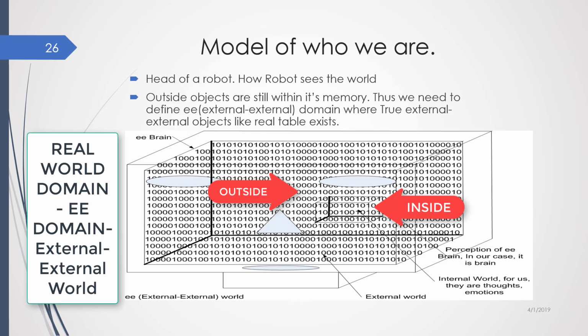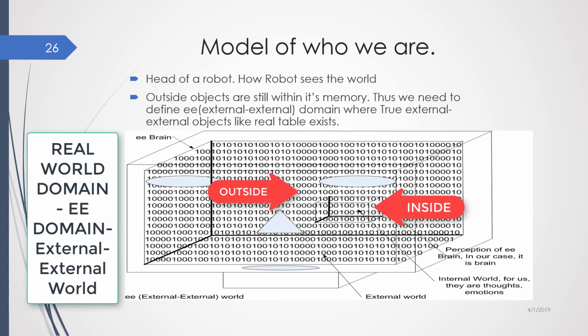The whole world is represented in its memory and the robot sees himself in that memory. So the outside world and representation of itself is stored in its memory. Here the representation of the robot itself can be its own body or just its brain. The diagram shows the definition of outside is outside the brain.